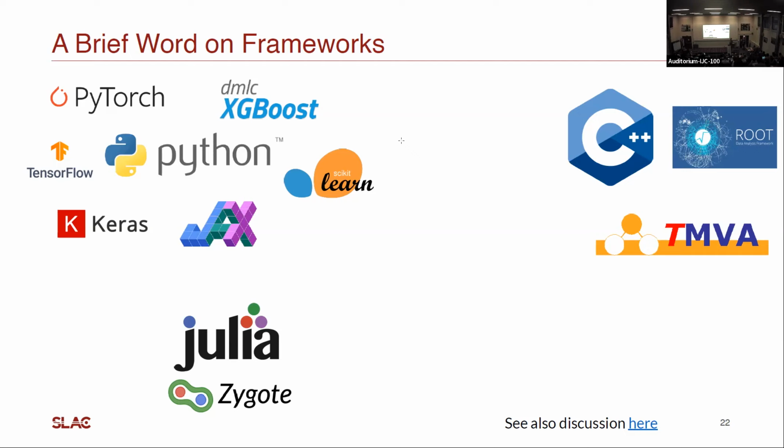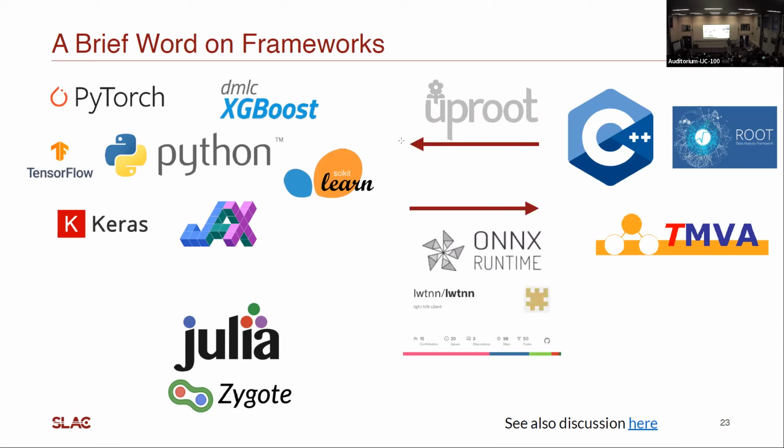And TMVA is still used and still around. So, keep that in mind, I guess. I don't know that people like that it's still used and around, but it is there. And then there's a bunch of nice tools to go back and forth between these, which we all very much know and all very much love.